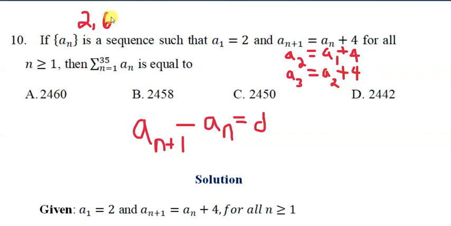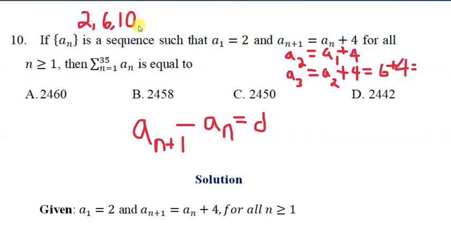We have already got a2, and therefore 6 plus 4 gives us 10. Therefore the next term is 10, and so on.